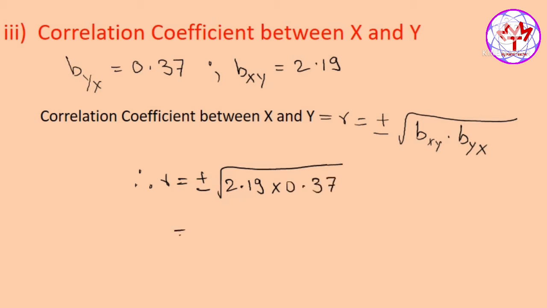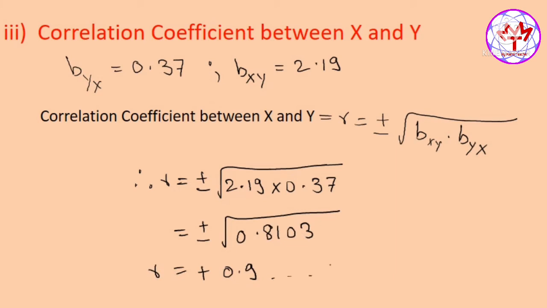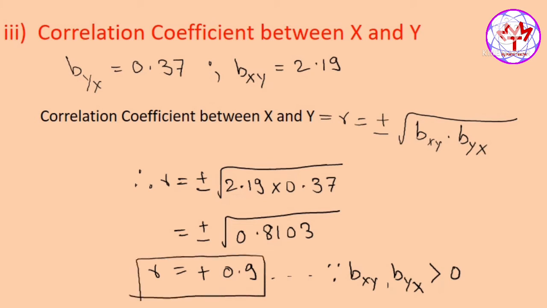Now this product is equal to plus minus under root 0.8103. So r is equal to 0.9. Here you can write since bxy and byx both are positive, so r also will be positive. So we get correlation coefficient between x and y equal to 0.9. This completes your question number 3.